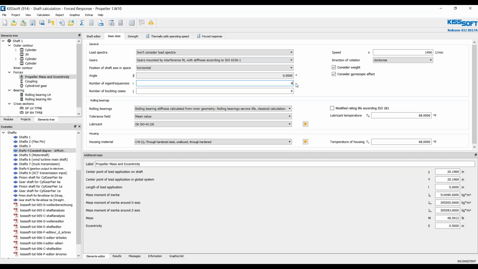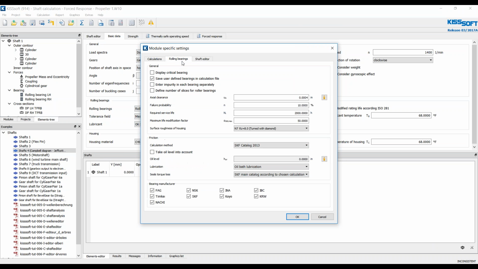I'm going to calculate 4 eigen frequencies, and look at the inner bearing geometry for stiffness. The housing material, we'll say it's a steel housing, and the lubricant is an ISO VG220. We're going to set the rolling bearing life to 2,000 hours right here.